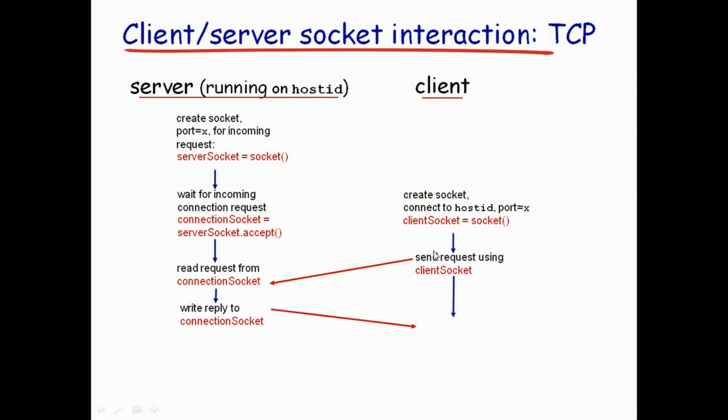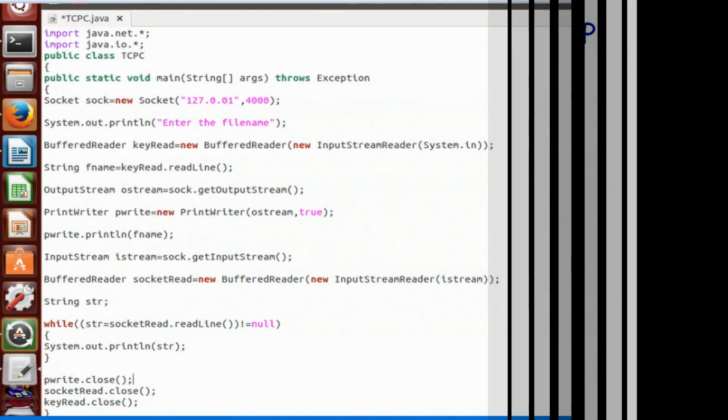Here, maybe we have given the file name; the server will search for that file, read the content and send it to the client. The client reads the reply from the client socket, then closes the client socket. On this side we close the server socket. Clear? So this is all about TCP. Let us see how to write the code for the same.